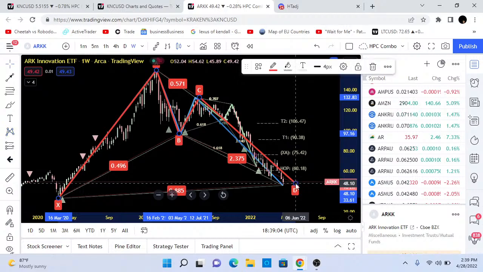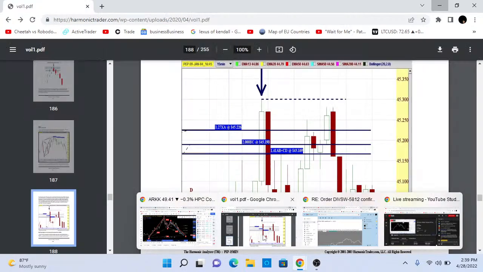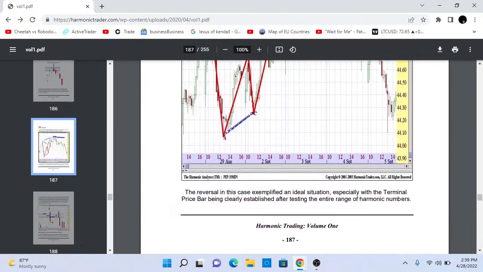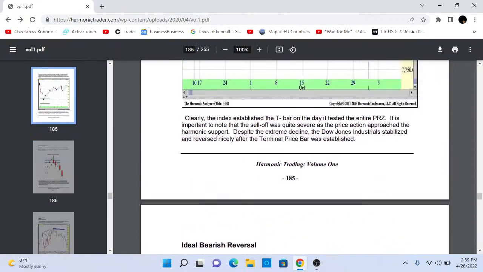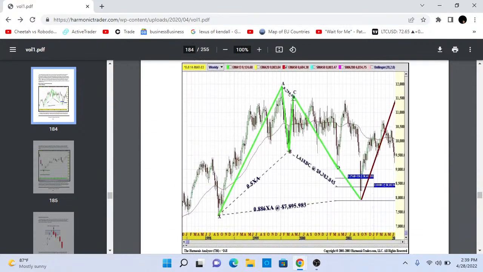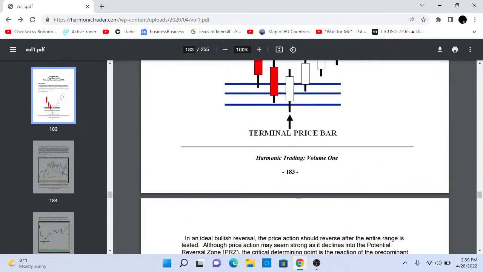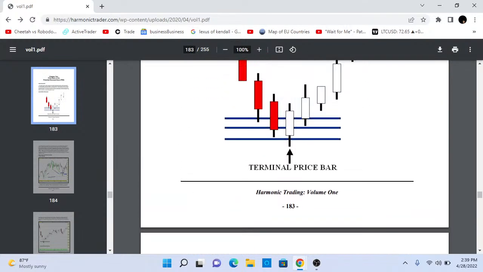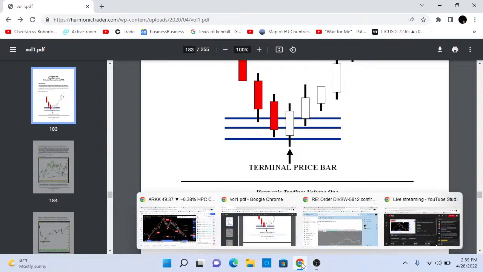So what do we do in these situations? Well, if that's terminal bar, and we know that is, this is how we assess it. We're looking on the bullish side for, tell me what happens after. There's an example of a bat pattern after. Here's terminal price bar. That's the illustration. I should bring up volume 3 because that's better. Those are better illustrations.